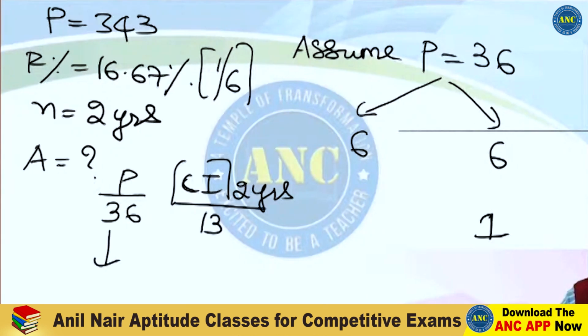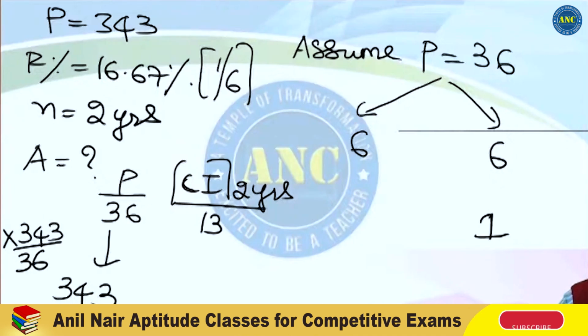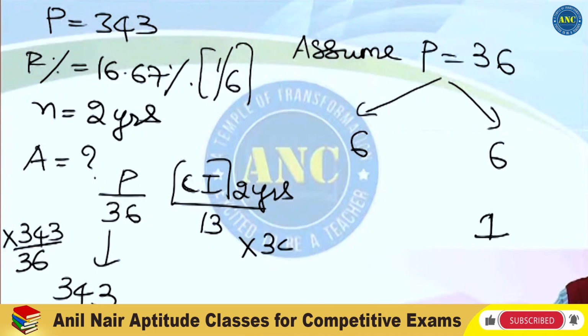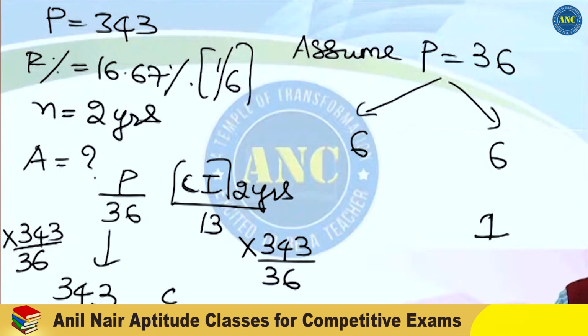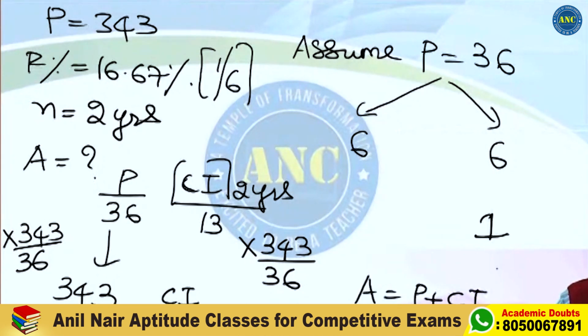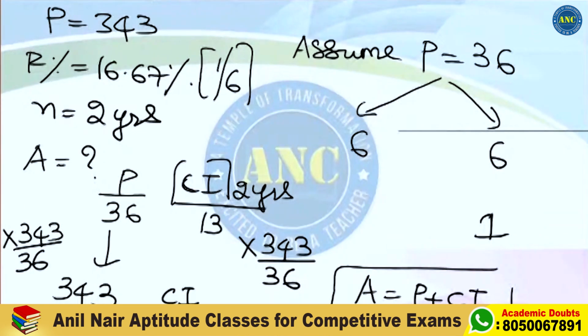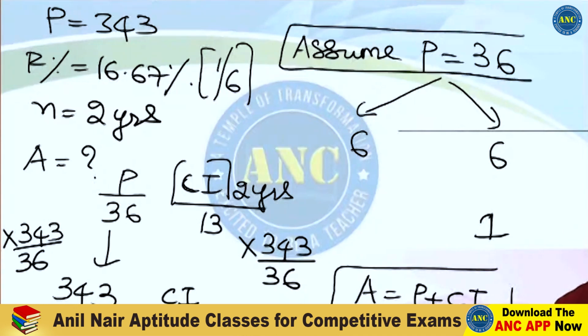But the principal is 343, so the multiplication factor is 343 by 36. This is CI. Amount is principal plus compound interest. If the principal is not a multiple of the denominator, take the principal as denominator power k.